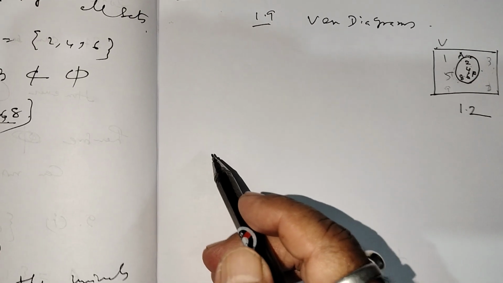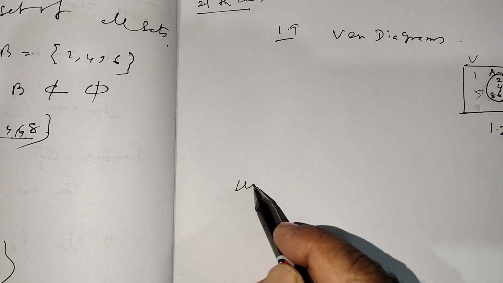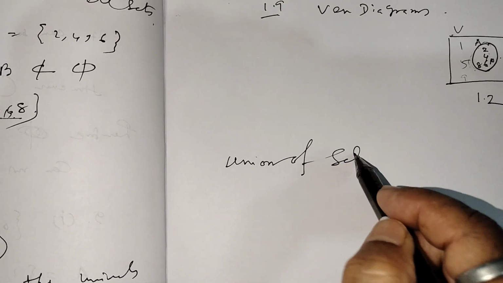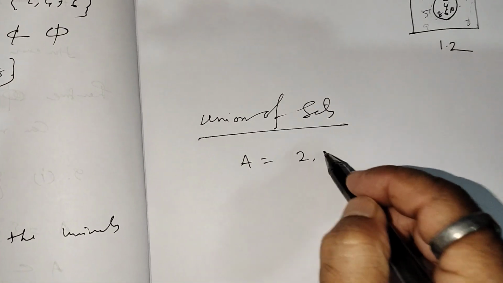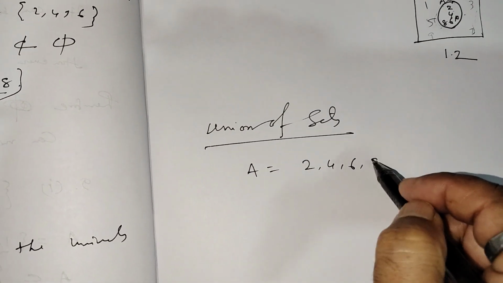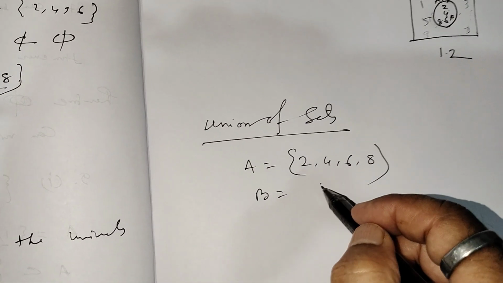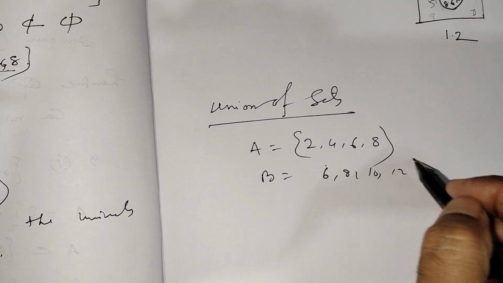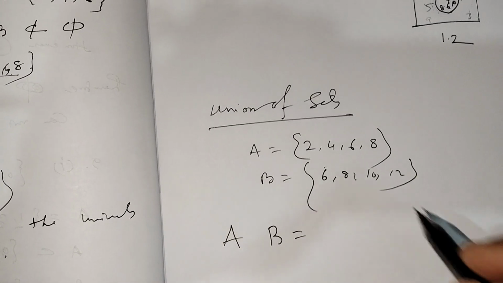And next, operations of sets, that means union of sets. Let A be equal to 2, 4, 6, 8 and B be equal to 6, 8, 10, 12. So A union B is equal to what?